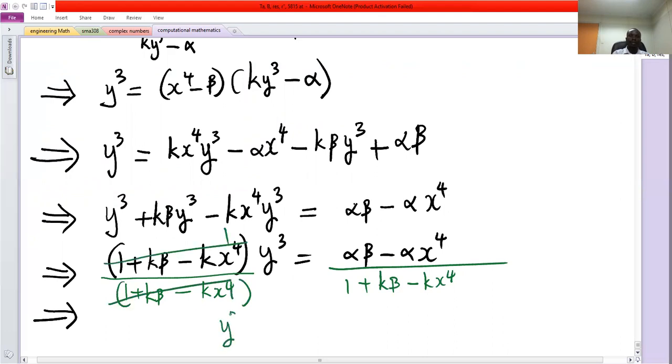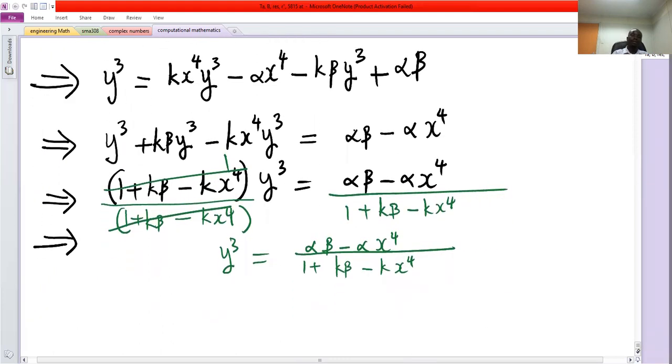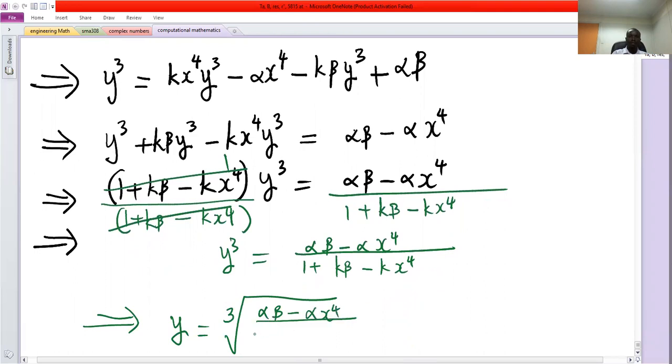Which implies y cubed equals alpha beta minus alpha x power 4 divided by 1 plus k beta minus k x power 4. So to get y, we simply have y equals the cube root of alpha beta minus alpha x power 4 over 1 plus k beta minus k x power 4.